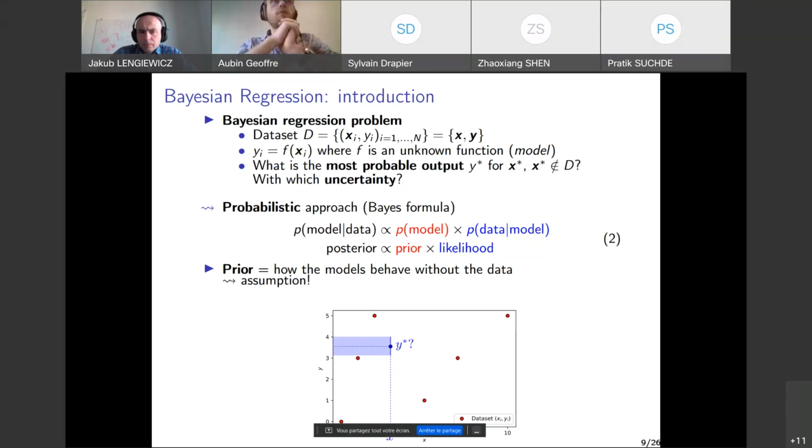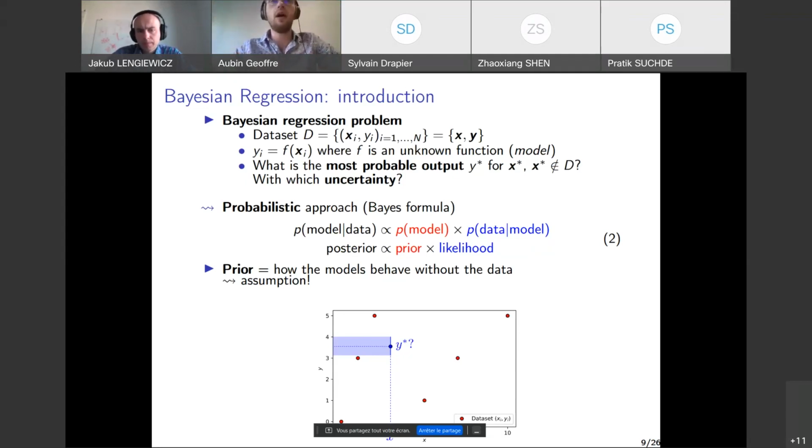Through Bayes' formula, this can be expressed as a product of a probability over the model, that is the prior, times the probability of the data knowing the model, the likelihood. What is very central is the prior, because it's an assumption we have to make on the behavior of the data. So it's the most decisive modeling choice in this context.